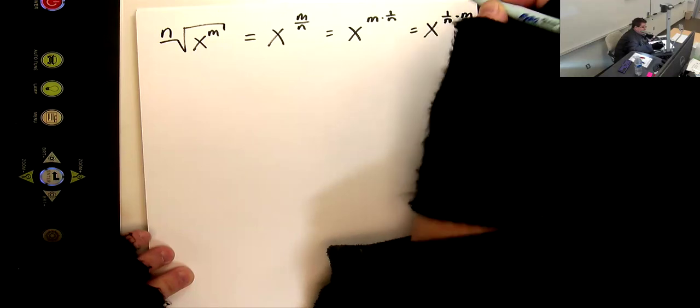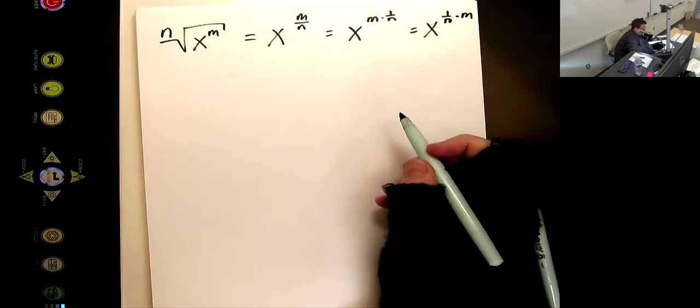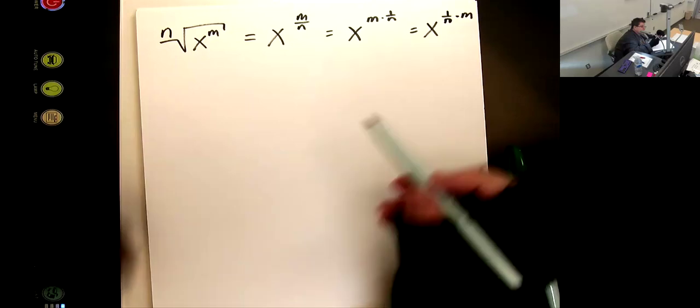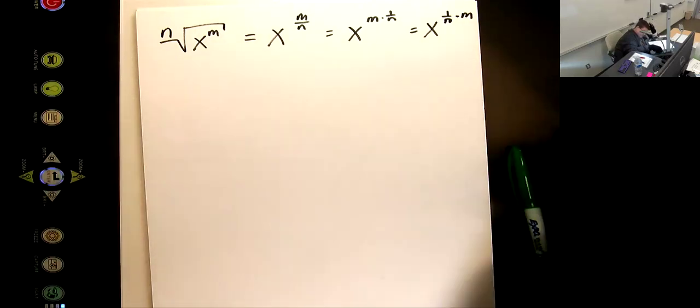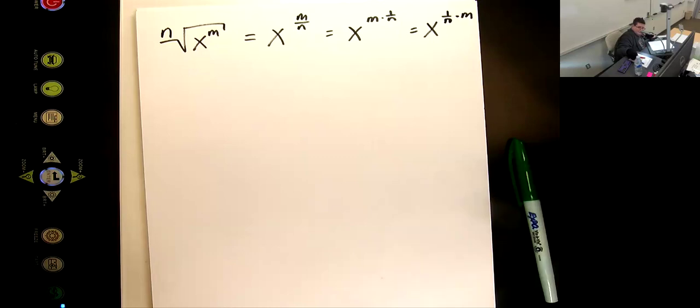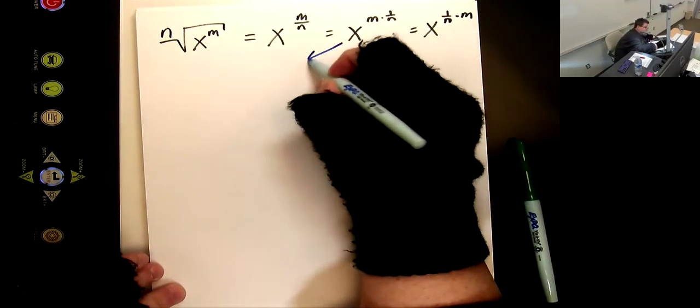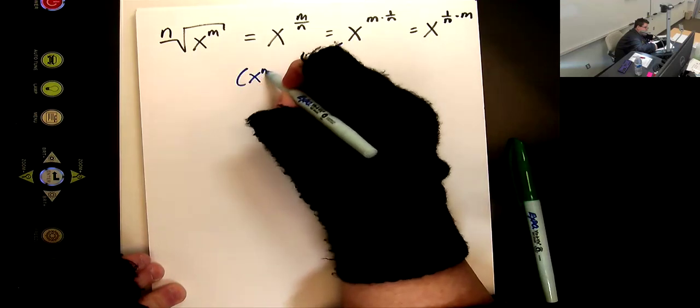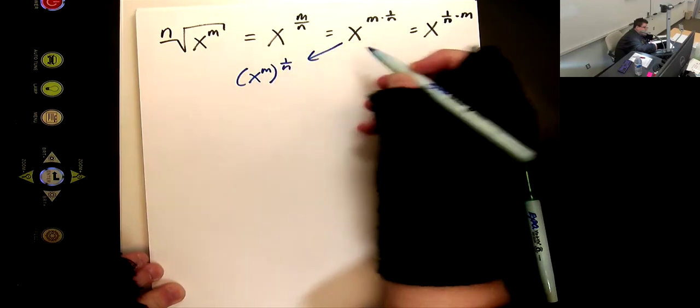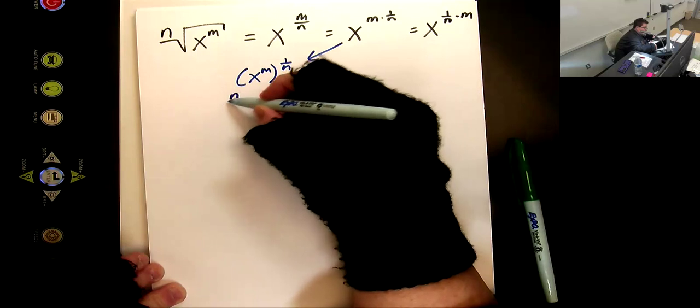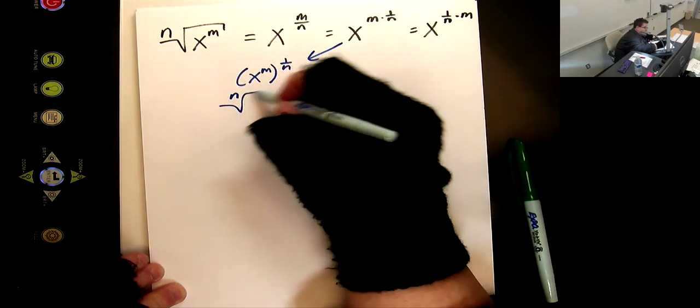I can break it up like that. This manipulation of this fraction and this number really gives us a lot, because that's the same as x to the m to the 1 over n, which is the same thing as what I wrote there, the nth root of x to the m.